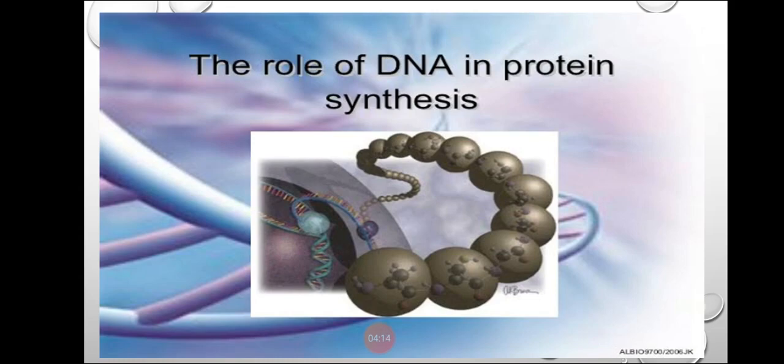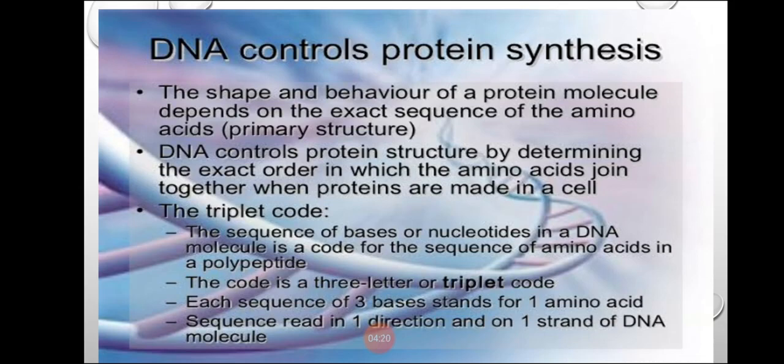Next we will study the role of DNA in protein synthesis. What is the function of DNA in this process? DNA performs the major function. It controls protein synthesis, having amino acids in a specific sequence.